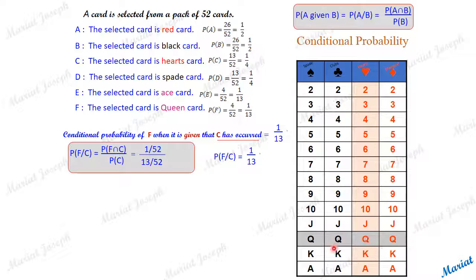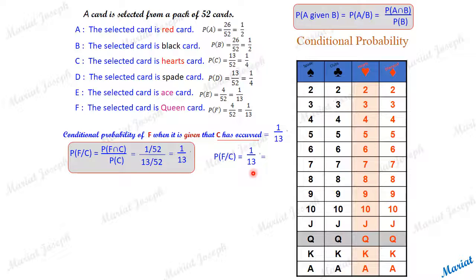There are 4 queens, there are 13 hearts, but this is the only card which is hearts as well as queen. So 1 by 52 will be the numerator, the common element. Now these two simple probabilities are put into a ratio according to the formula. By simplifying it, of course, if you cancel the common denominator 52, we get the answer 1 by 13, which is what we had already calculated.